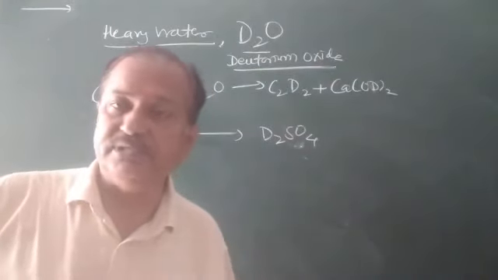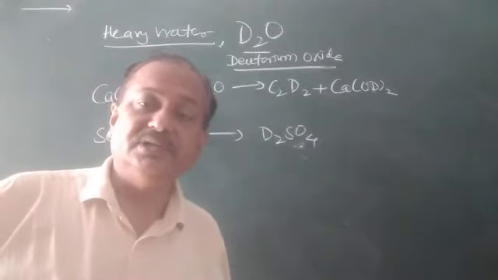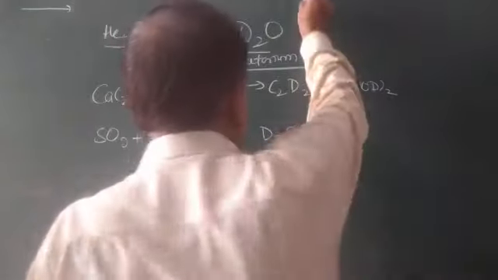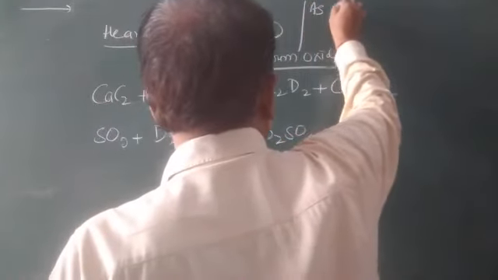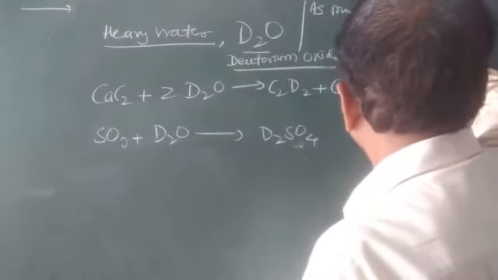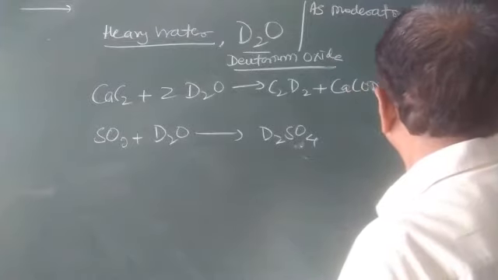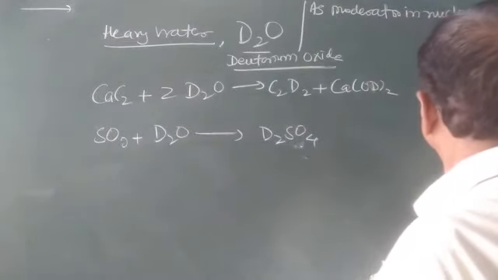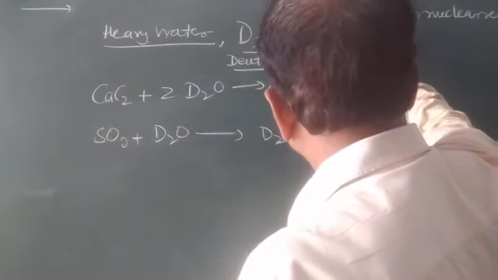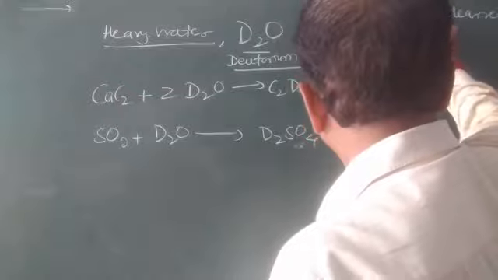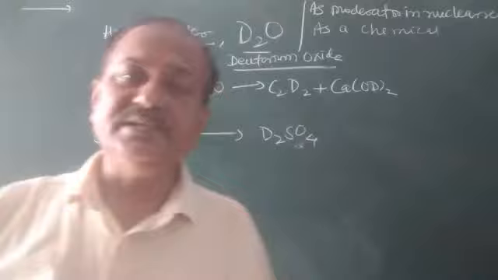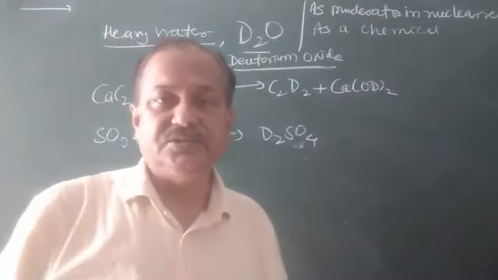Heavy water is a very important substance for nuclear reactors because it acts as a moderator in nuclear reactors, and it is also used as a chemical in many reactions. It has slightly more density.